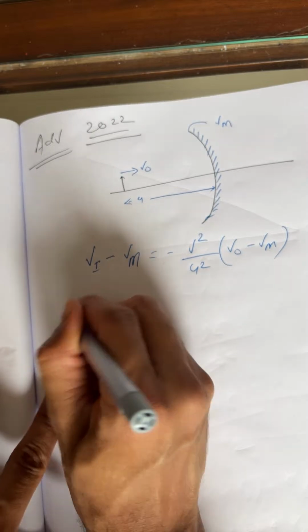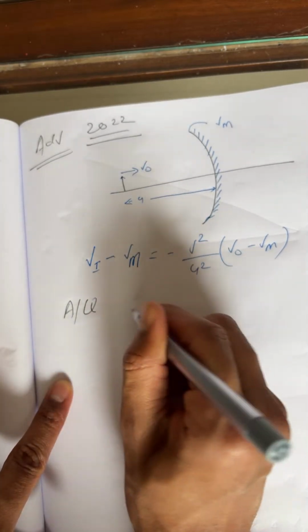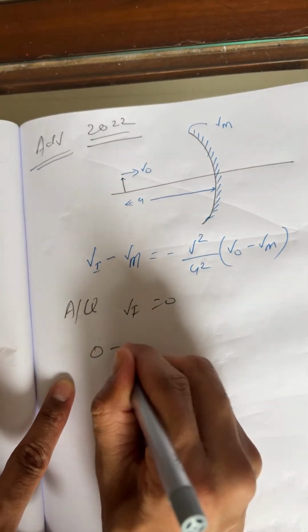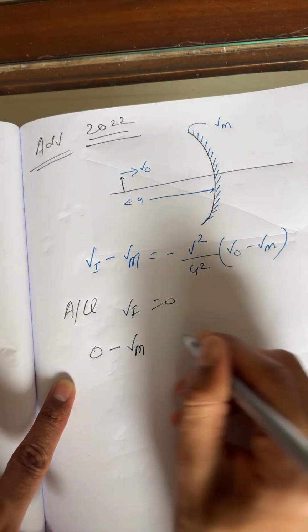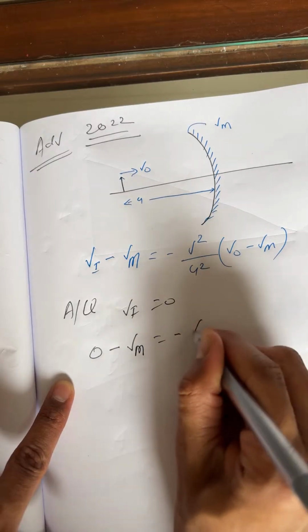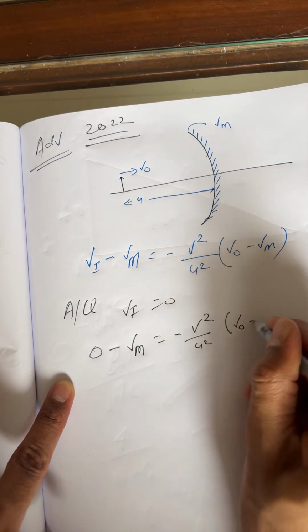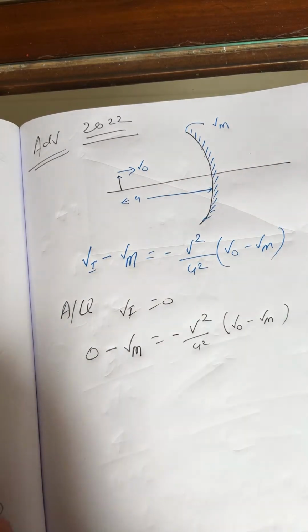According to the question, Vi is equal to 0. So 0 minus Vm is equal to minus v square by u square times Vo minus Vm.